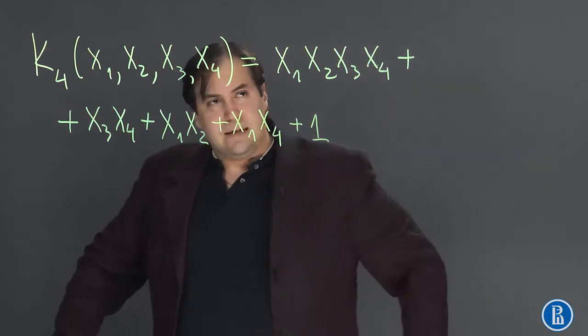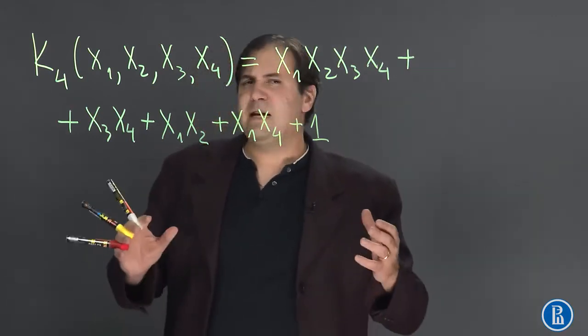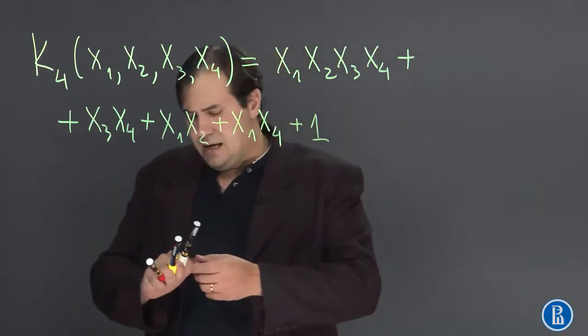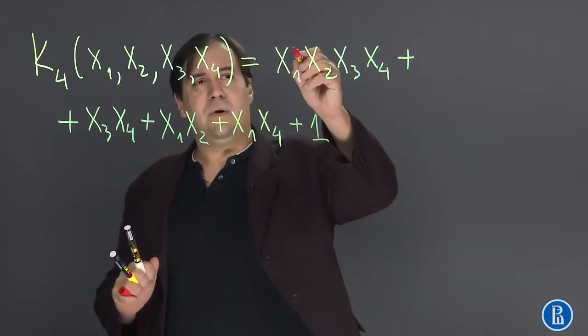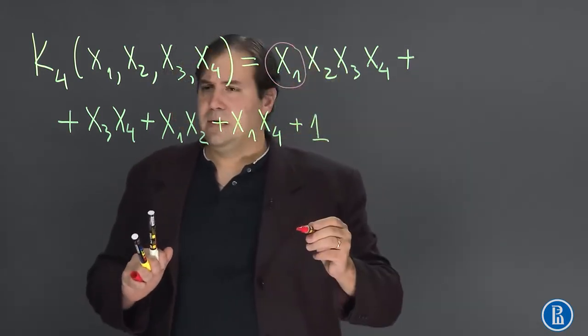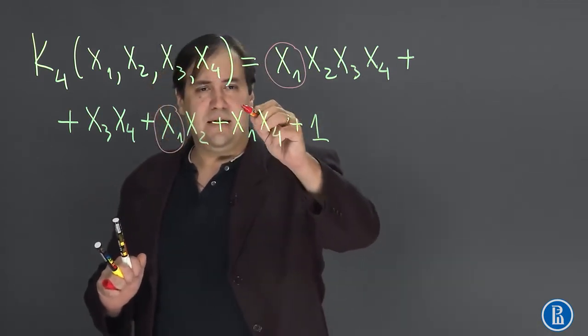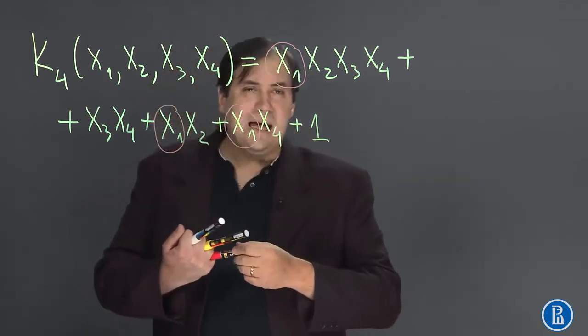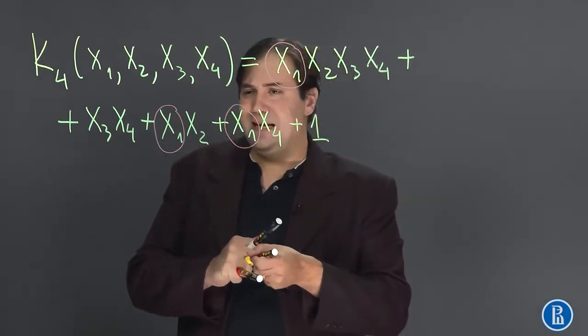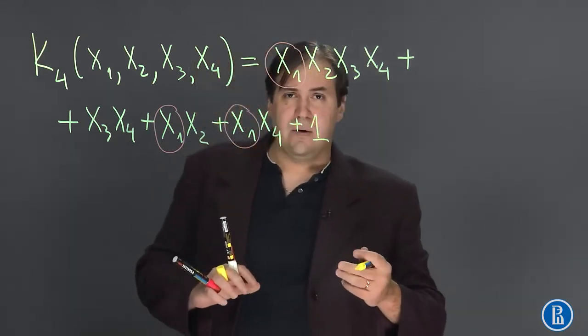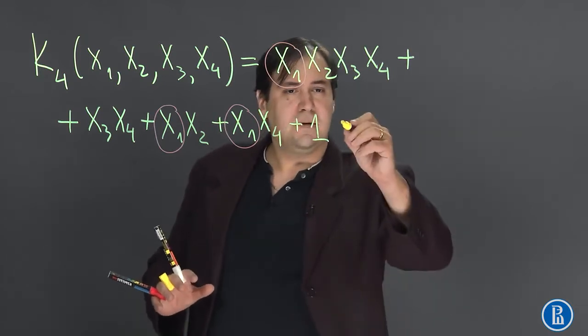And now notice that some of these summands contain x1 and some don't. So this one contains, and this one contains, and this one. What will happen if we take this x1 out of the parentheses?